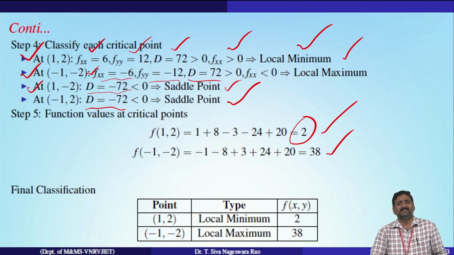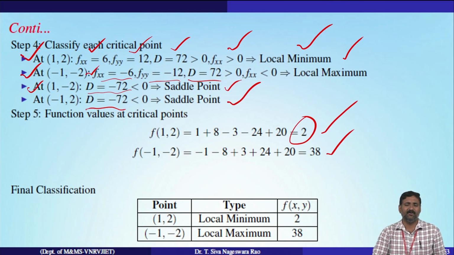Next one, substitute critical points one by one into capital D as well as into second order partial derivatives. So based on the conditions, we will decide whether the function will have maximum value or minimum value or neither maxima nor minima. I already told, if D is less than 0, the function will have neither maxima nor minima.